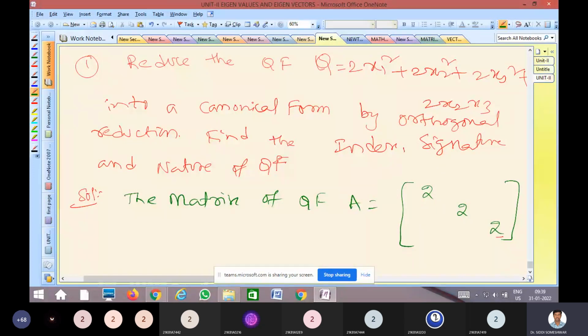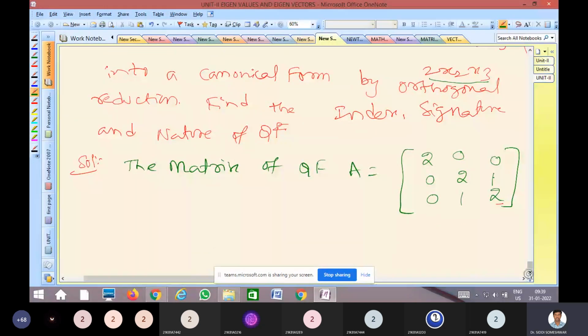The remaining is only the product term 2h2h3, so the entries there are 1 and 1, and the remaining entries are zeros, because this is a symmetric matrix. This is the matrix of the quadratic form.